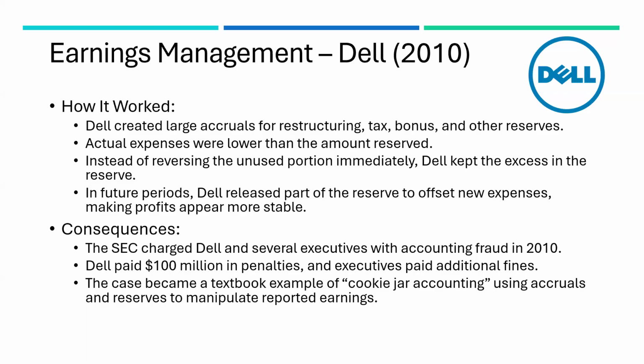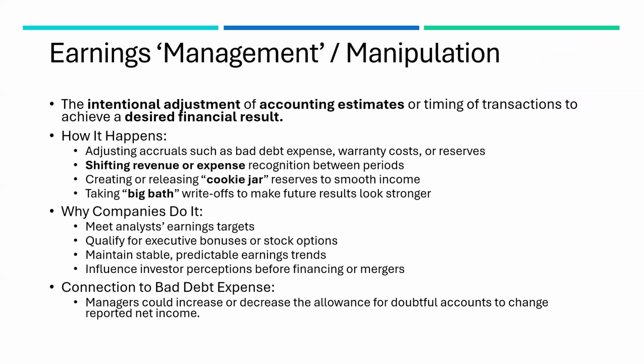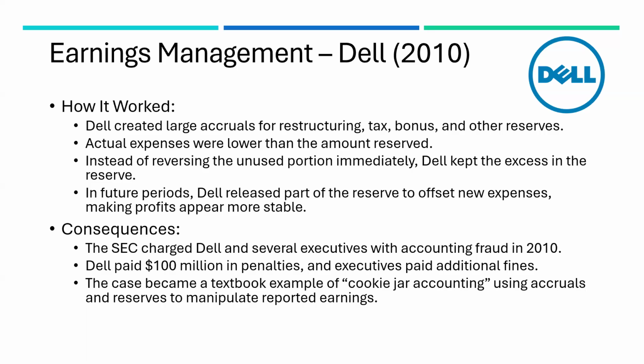And when the next year came and the time to use up these accruals came, they just didn't use it all up, and they left it in what they referred to as a cookie jar. And then when they were missing earnings, they would dip into the cookie jar and take out these reserves, which are fake, honestly, just fraudulent reserves. They weren't real, right?